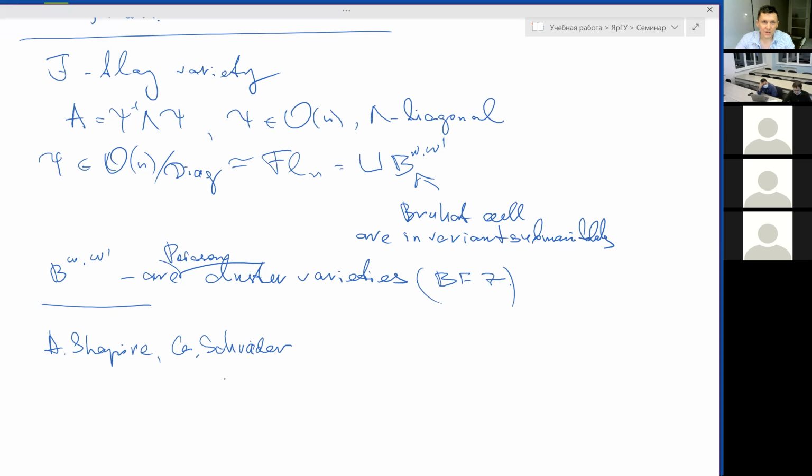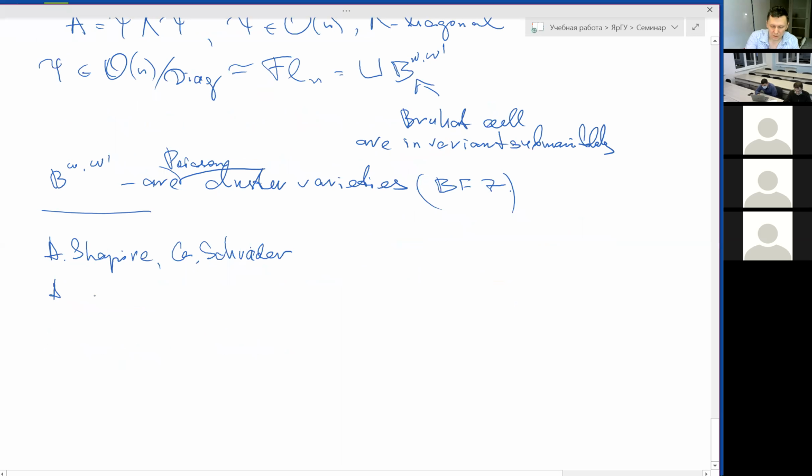So they interpreted some series of cluster transformations as quantum Coxeter-Toda Hamiltonians, and the cluster transformation on the same cluster variety. So I'd like to write it down.